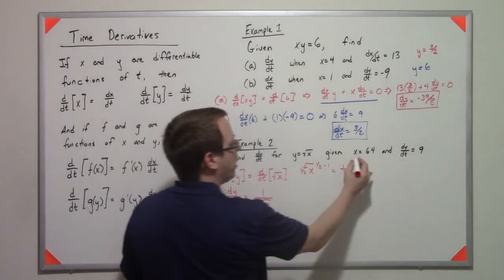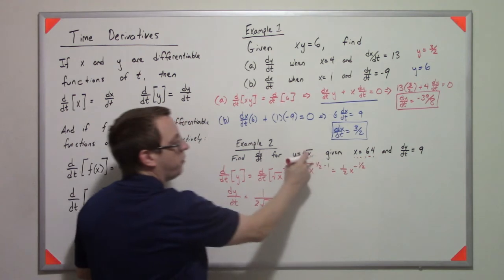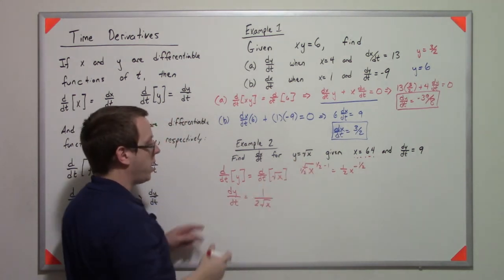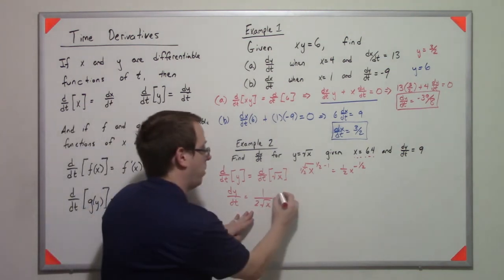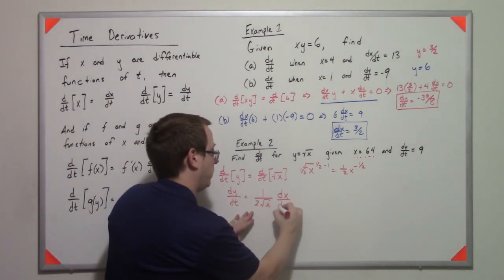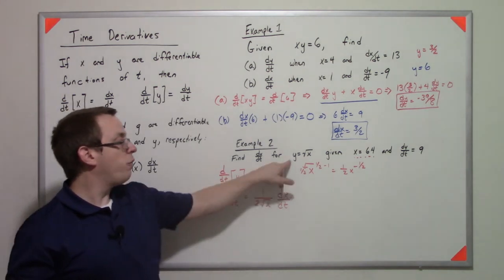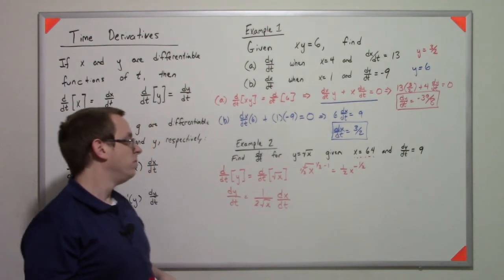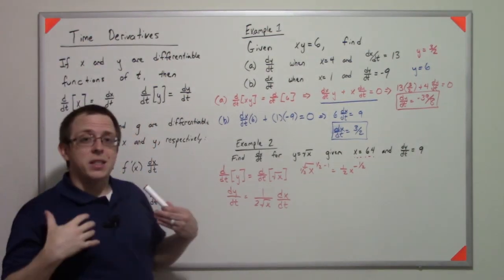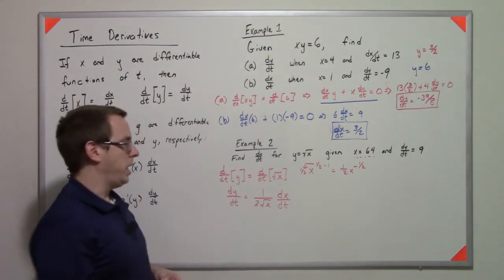So then we know that x is 64. If x is 64, that tells me what y is, but guess what? We don't really need y. Now, we could solve for it. We know that y is going to be 8 here. It's good to have, but we don't need it.